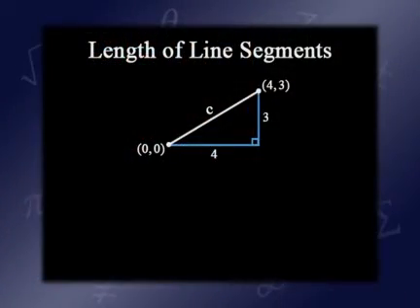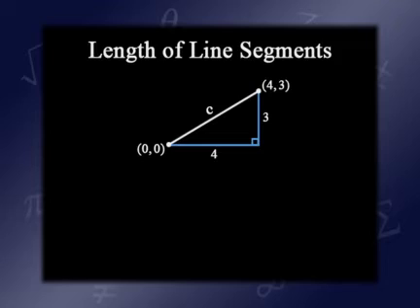We can apply the Pythagorean theorem to calculate the length of any line segments. So for instance, suppose I wanted the length of a line segment that went from the point 0, 0 to the point 4, 3. Okay, imagine these 2 points in the plane. And I say, what's the length of the line that connects them?